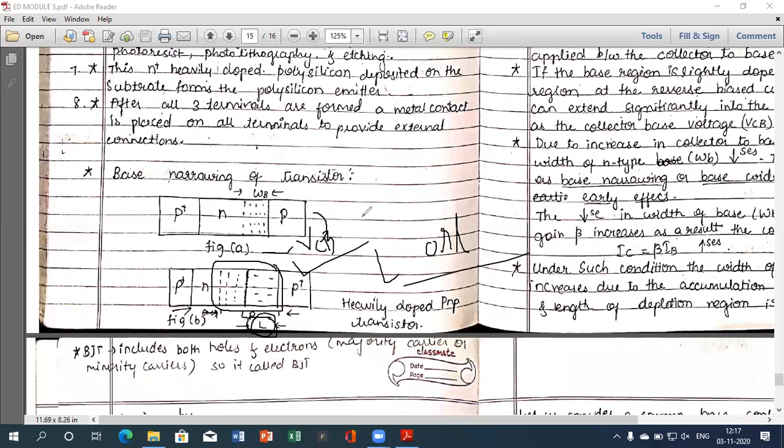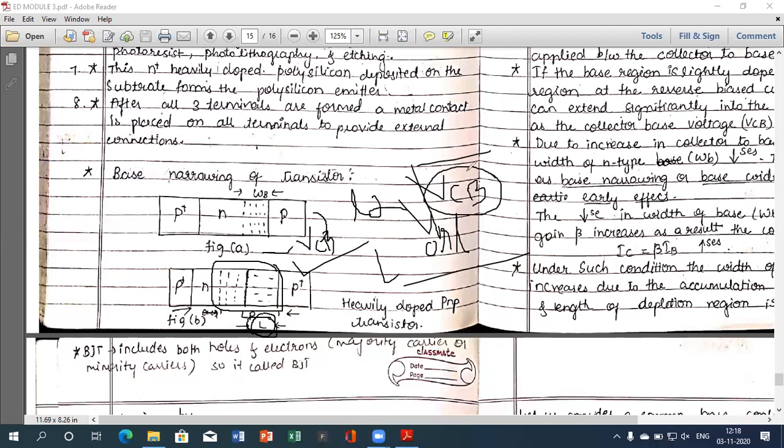So from this we can say that this length L is directly proportional to the VCB. Here VCB is the reverse bias voltage between the collector and base. We have taken the square root just to represent that this voltage belongs to the reverse bias voltage.